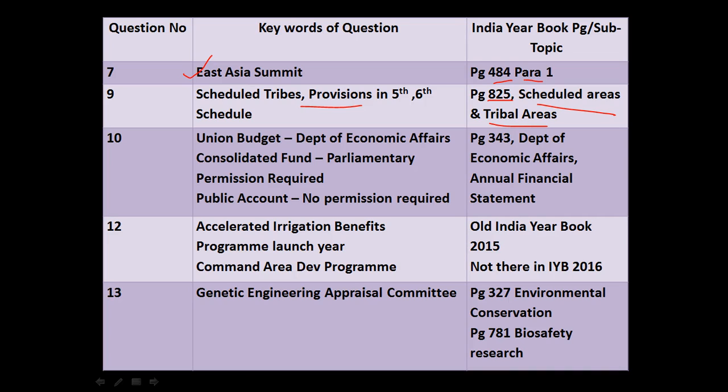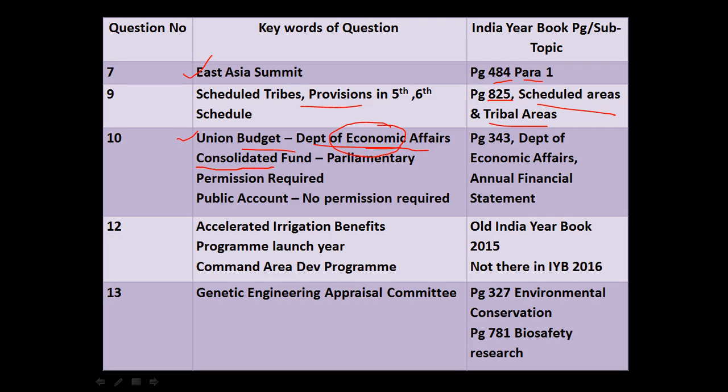And there was one question about the union budget, like which department gives it. They had provided the answer as Department of Revenue Affairs, but the answer is this. Then they had provided an option which was wrong, so this was the right answer.